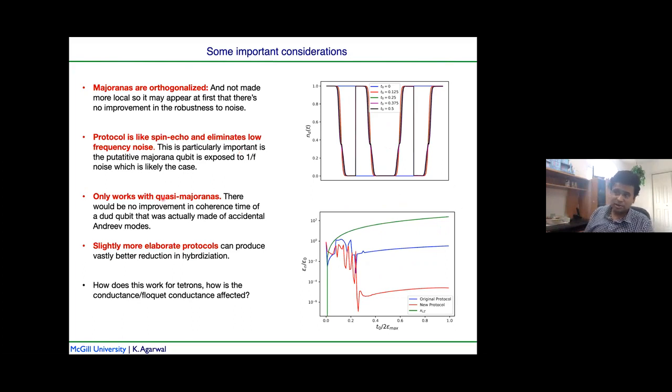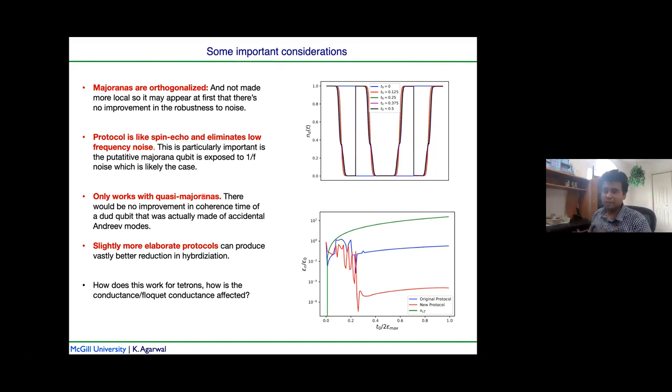The other thing we know is that this only works with Majoranas or quasi-Majoranas. So you need somehow decent Majoranas to begin with to be able to do this dynamical decoupling technique. So one simple proposal to check if you really realize in a quantum wire two bound Majoranas at the ends of the wire is to do this driving and see if the coherence time of the putative qubit really reduces because of the suppression of the coupling to 1/f noise.